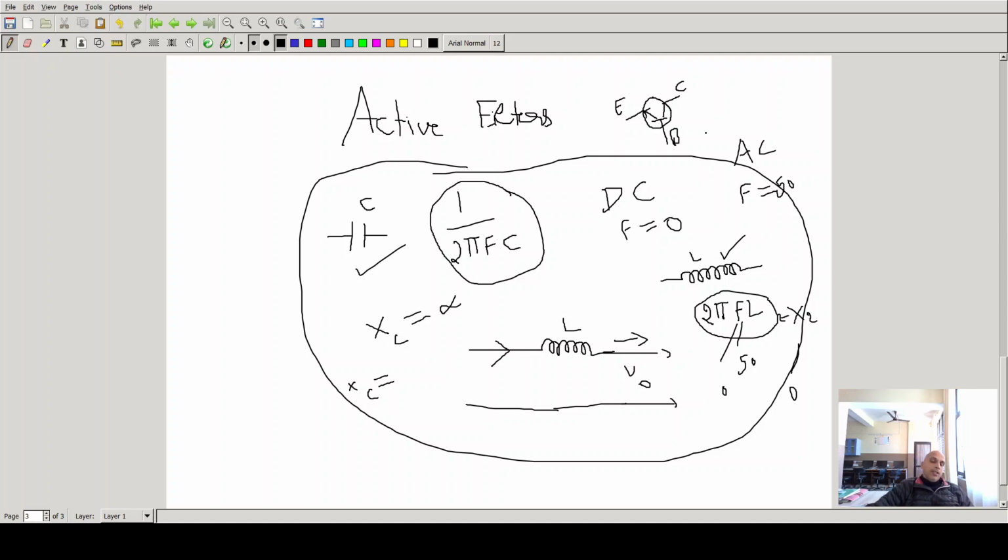This is an active component because a transistor is capable of amplification. So when we use active components along with capacitors and inductors, then the resultant filters become active filters.